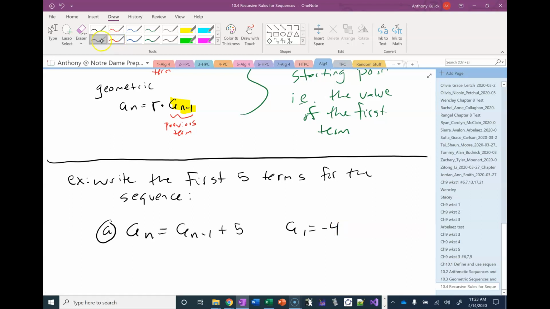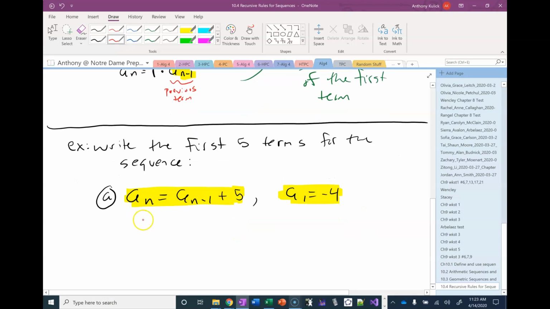This is all information that would be given to you. Our recursive rule needs something that's going to initialize that recursion. So it needs a starting point. If we want the first 5 terms, well, we know the first term.